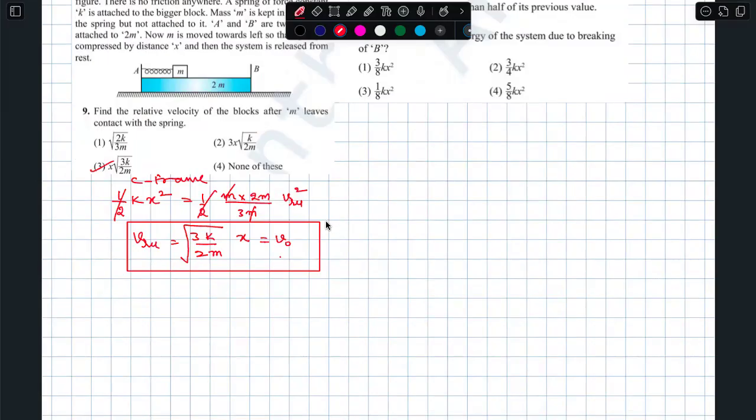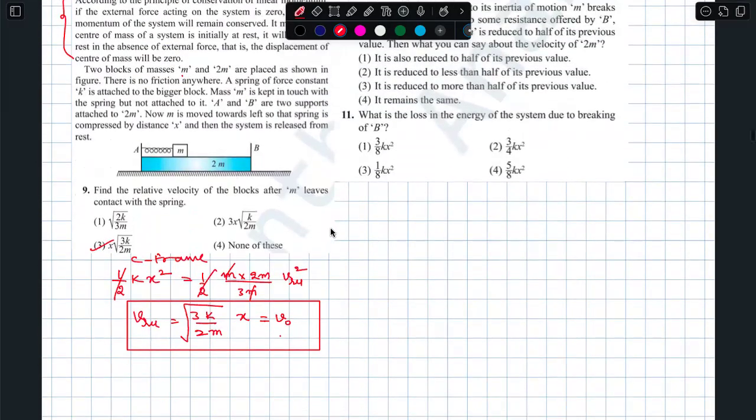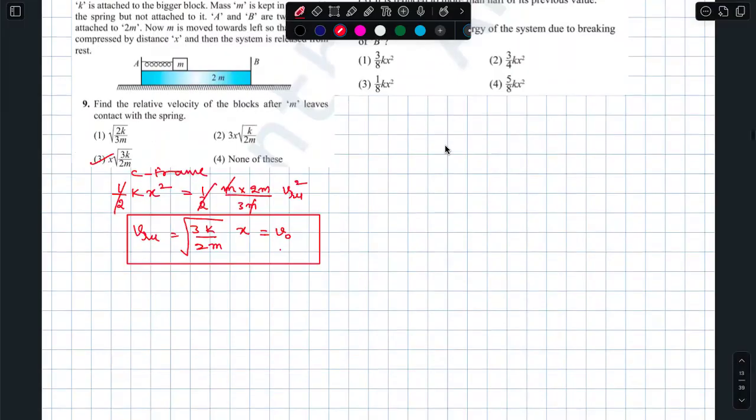Convenience part. Right. Second part, what I personally believe is, now see what is happening now. Forget about the spring.